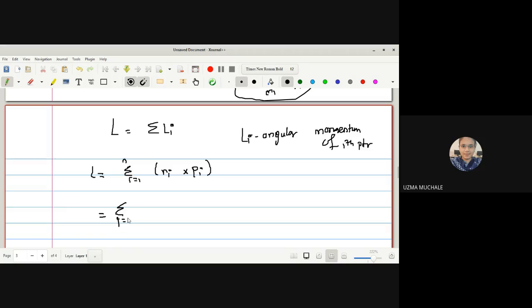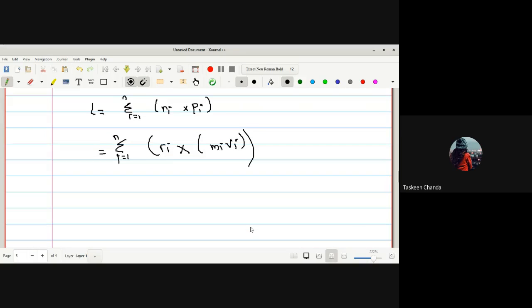P is nothing but your linear momentum, and it is given by mass into velocity, correct? Got it? Now, mass is a constant term, so I can take it outside, and we are left with simply Ri cross Vi.